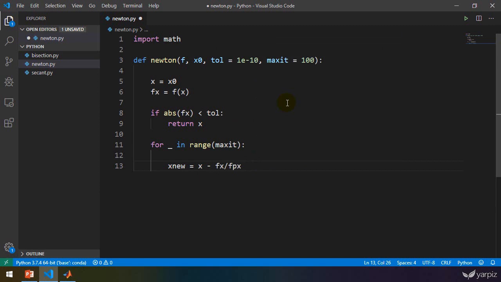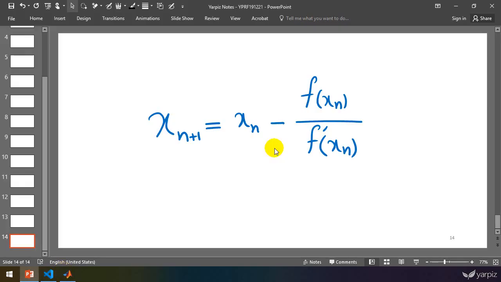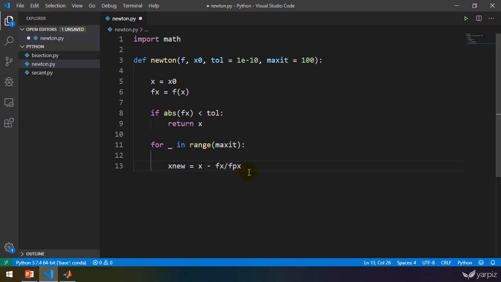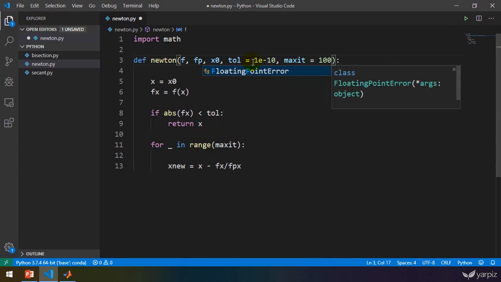We don't have the value of f prime of x in this formula. It is the value of the first derivative of the function at the point x, and we must calculate this. So we must have a function, for example fp here, or we can calculate this using some numerical differentiation method.